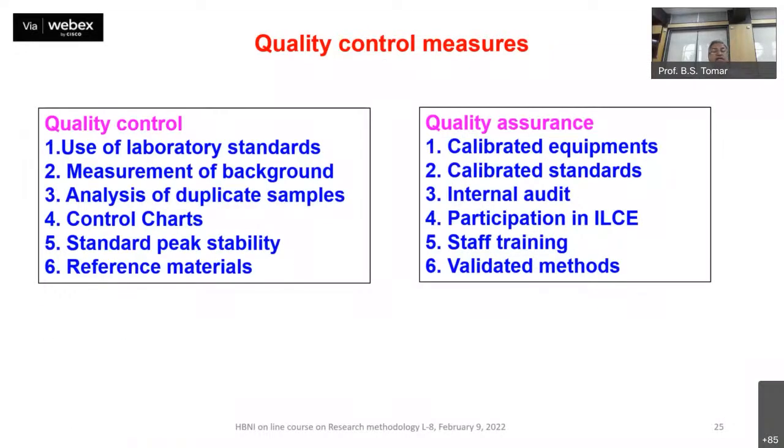Okay, so finally, to the last slide of this: quality control measures are very, very important whenever you are doing any measurement. There are two terms called quality control and quality assurance. Quality control means, when you are doing some measurement and getting a value, you have to reject some impurity concentrations in some samples.